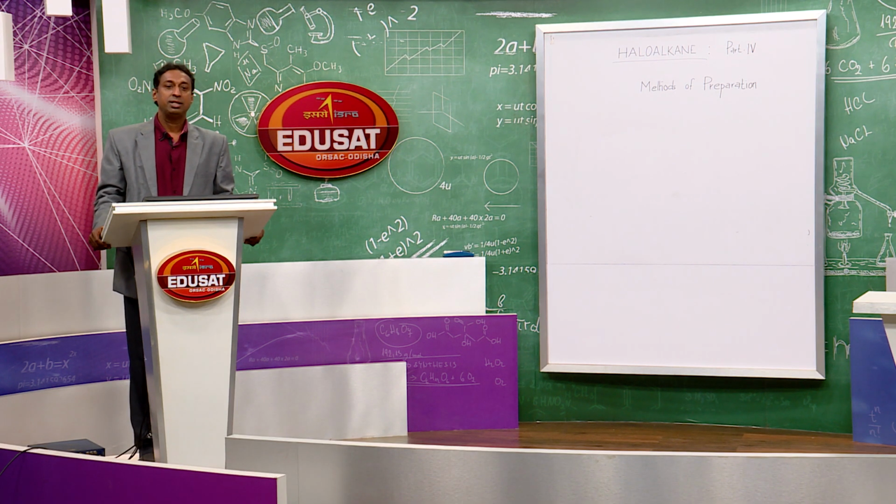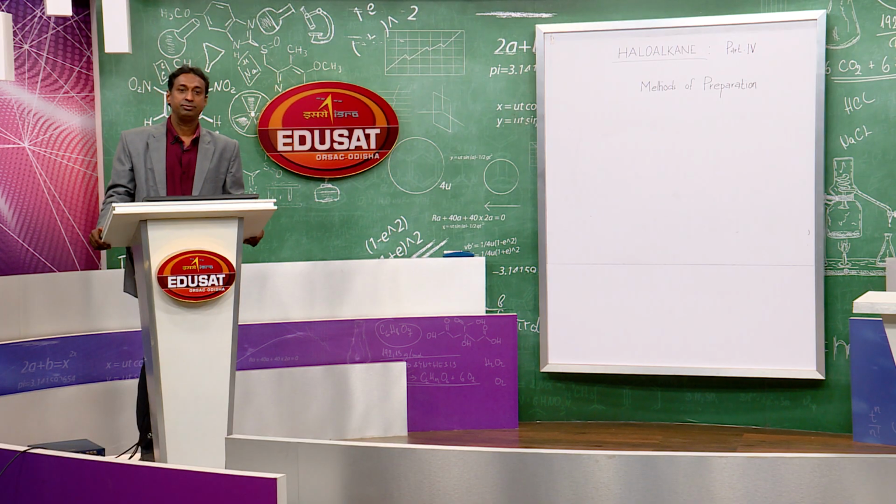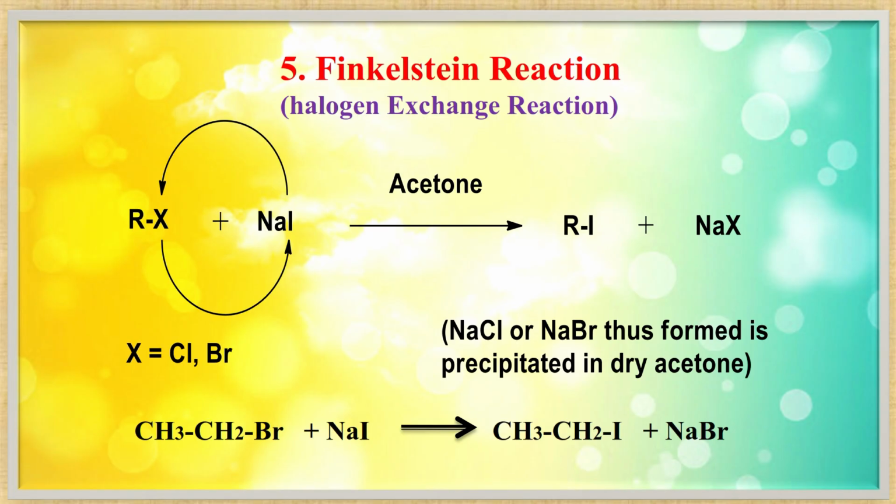Okay, students, now the next preparation is the Finkelstein reaction. It is also called halogen exchange reaction. Why? Because the reactant we have taken is RX, and X is a chlorine atom or bromine atom, means we are taking chloroalkane or bromoalkane. So, from one haloalkane we are going to prepare another haloalkane called alkyl iodide by this Finkelstein method. As we are exchanging halogen, hence it is called halogen exchange method.